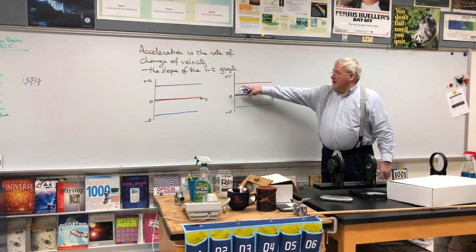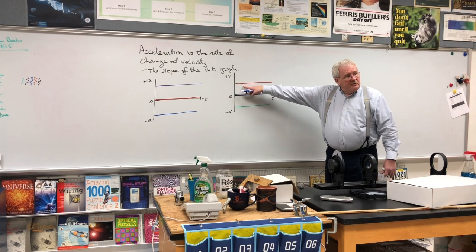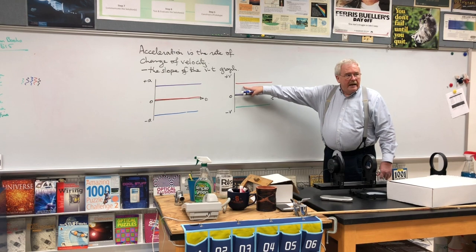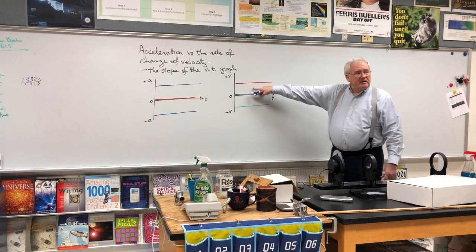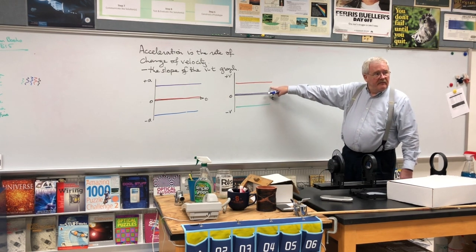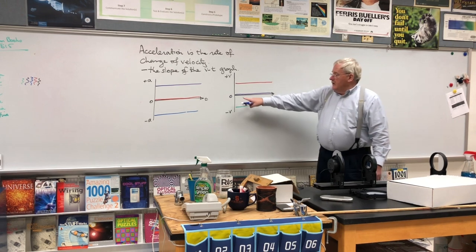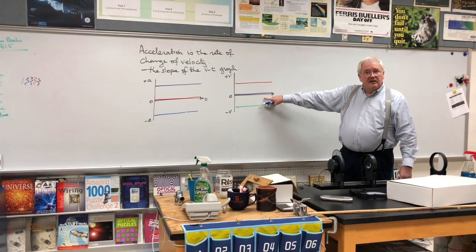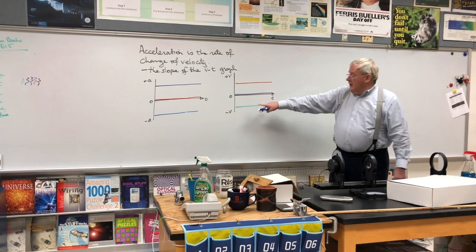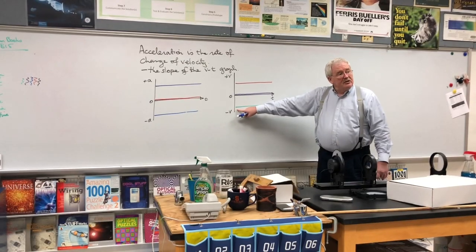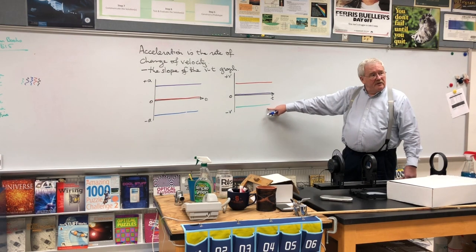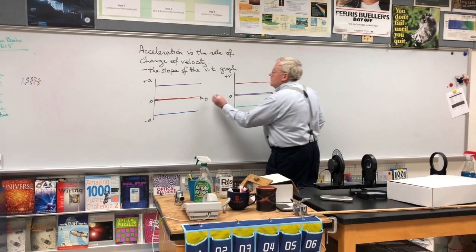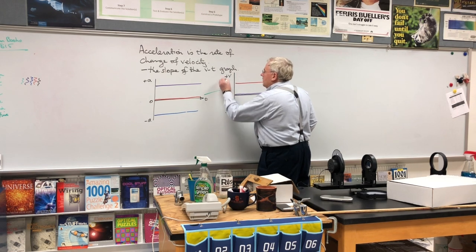So in this case, that says that the object is moving in the positive region, so it's moving away at a constant velocity. This one means it's not moving. Acceleration is still zero. And this one means that it's moving towards your reference point with a constant velocity. This one covers this situation here.